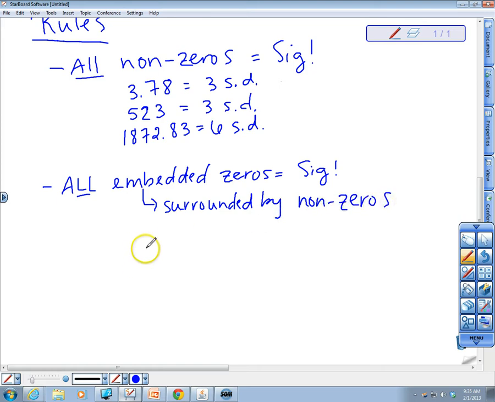So, for example, 1003. These zeros are surrounded by non-zeros, right? They come between two non-zeros, so that makes them significant. I have 1, 2, 3, 4 significant digits.